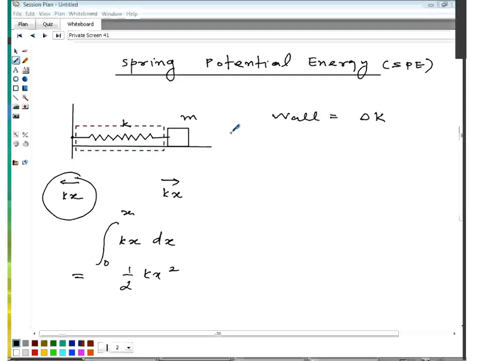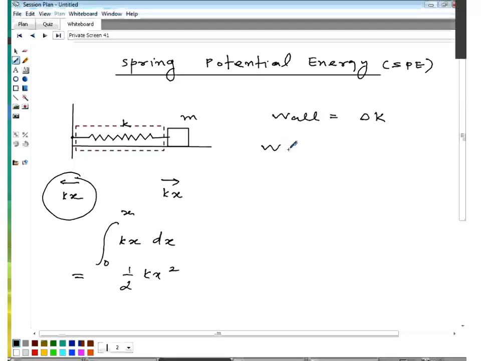Now I considered two external forces, then internal forces. Well, internal force is a spring force. W ext I already considered. One W ext was 0, one W ext was half kx square. W all means both external and internal.